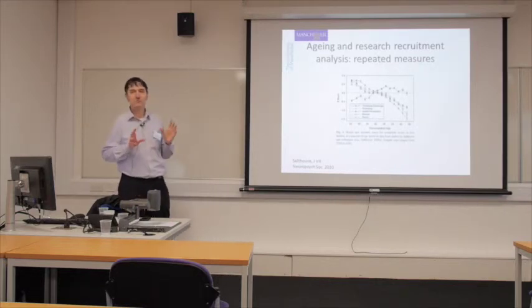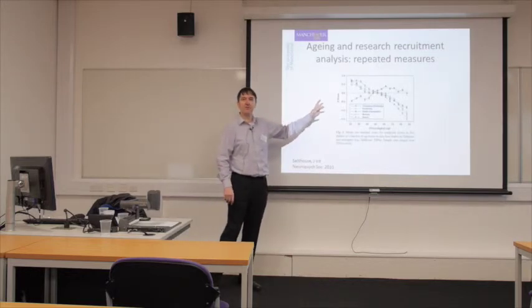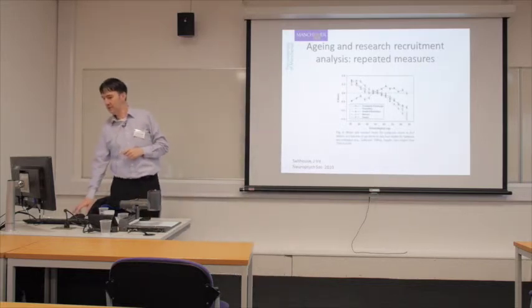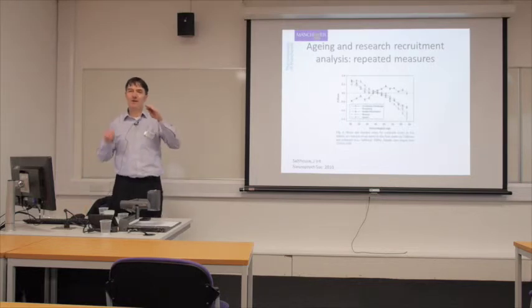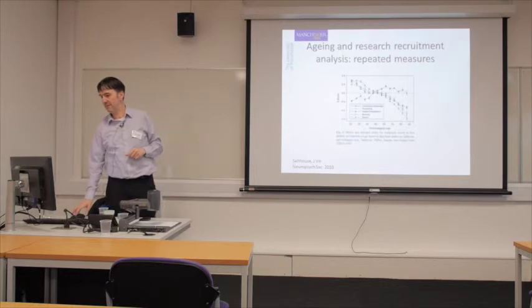So the question has always been, that's a cross-sectional measure, is that true for individuals who participate sequentially in the same study? In other words, we should be able to show that if we take adults who age, their intelligence is dropping over time.